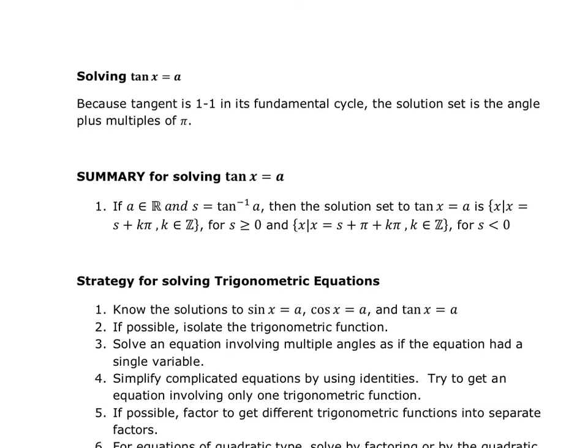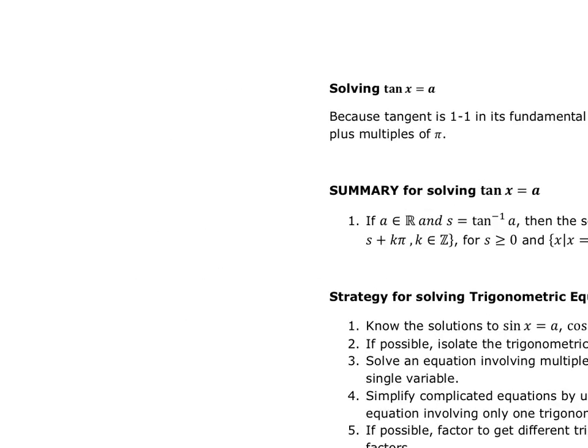So if I asked you to find the tangent of x is equal to -1, all real numbers, how would you do that one? I'm going to use the unit circle.